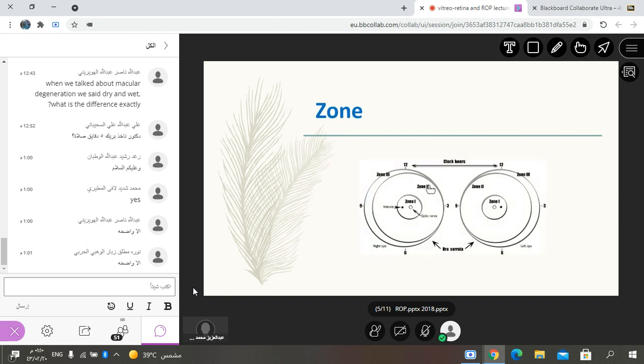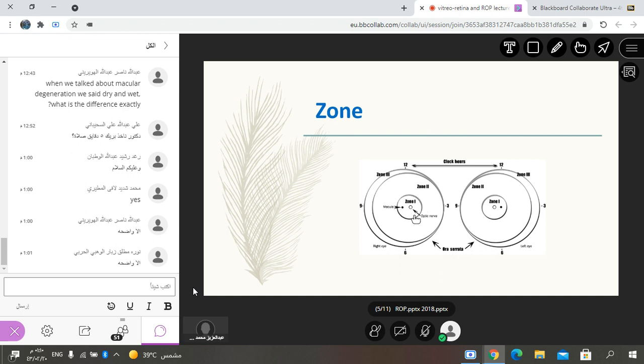This is a zone. If we take the optic nerve as the center of our field, from the optic nerve, take double the distance between the optic nerve and the fovea: temporally the same distance, nasally the same distance, superior the same distance, inferior the same distance.